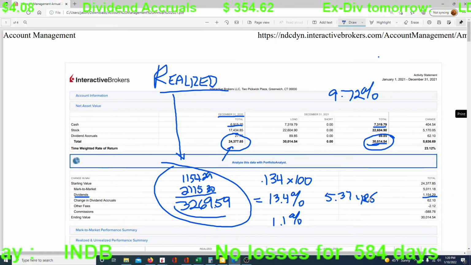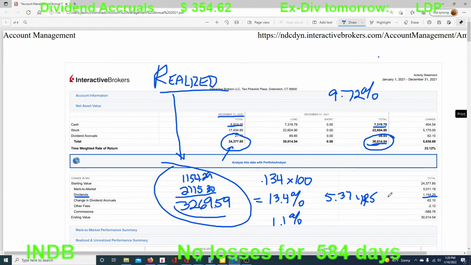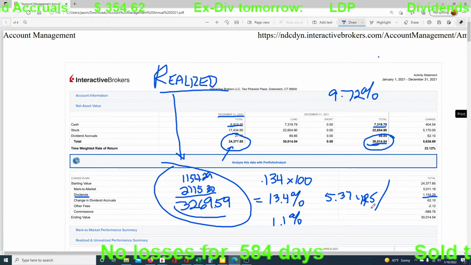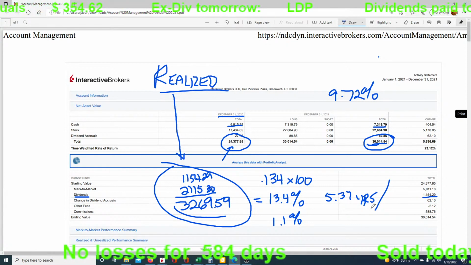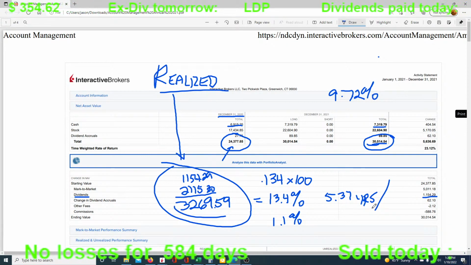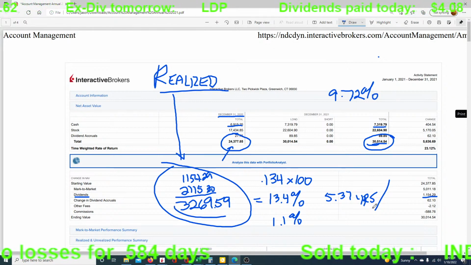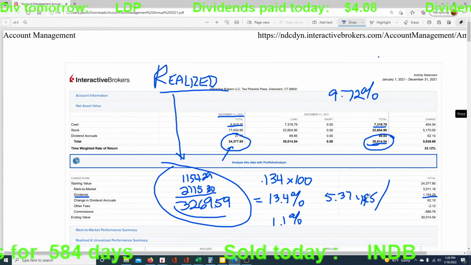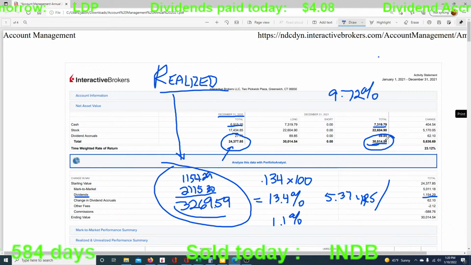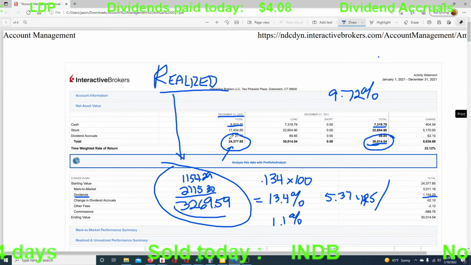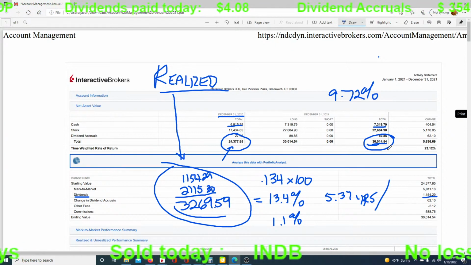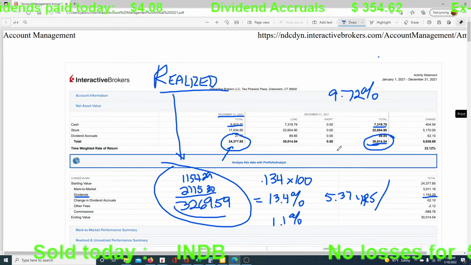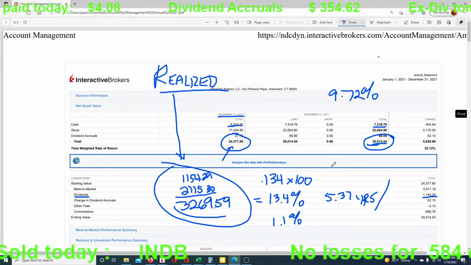Market conditions change, but if you're not overextending and you're not trying to make money hand over fist in the market, which is where people lose money because they take too much risk, it'll only take you 5.37 years to double that value. 24 would now be 48. Some years will be better than others, but if you're not taking any losses, it will continue to grow.